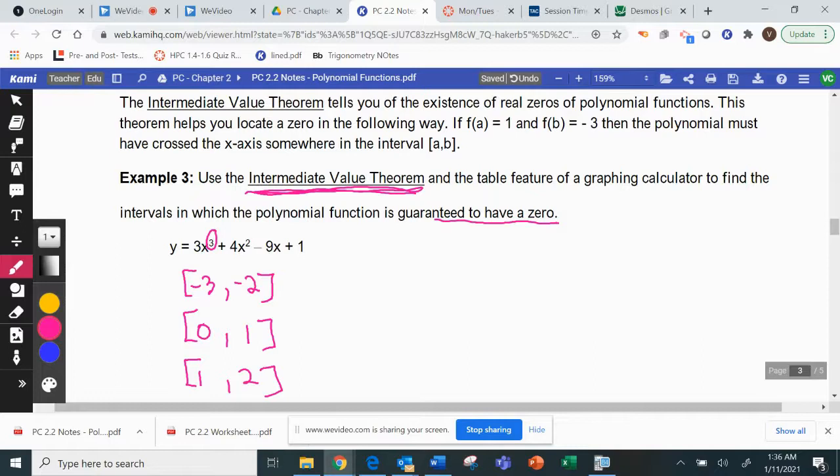Sometimes you won't find as many intervals as there are zeros, because if you had a graph that went up and down, there could be 1, 2, 3, 4 zeros in between that same interval, because we're only looking at integers from 1 to 2. So you would have no idea by just looking at the table how many zeros were in there.